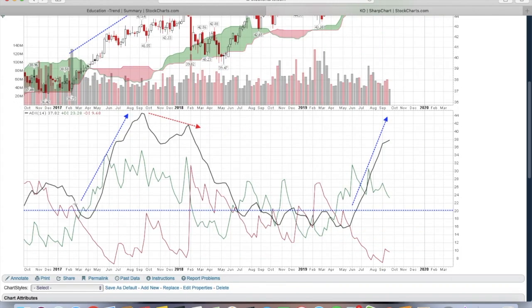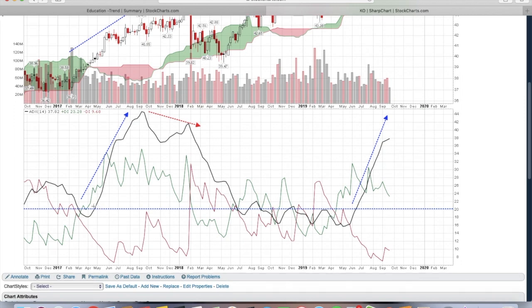The black line represents the ADX, the strength of an uptrend. There is a horizontal blue line here at the 20 level. When an uptrend or a downtrend starts to pick up steam, the ADX will trade above the 20 level.